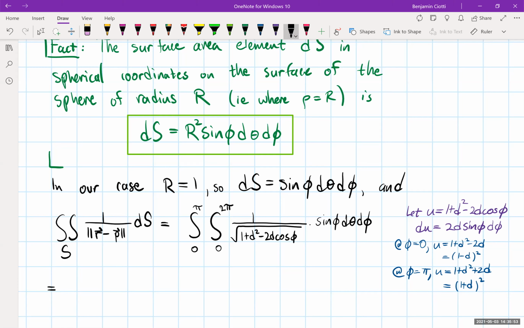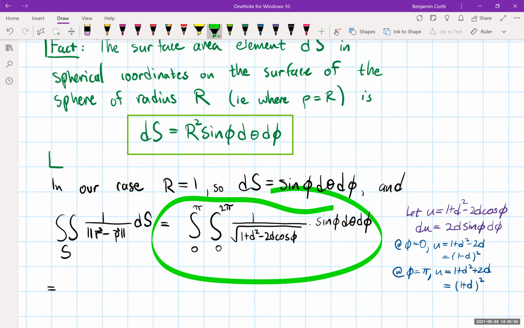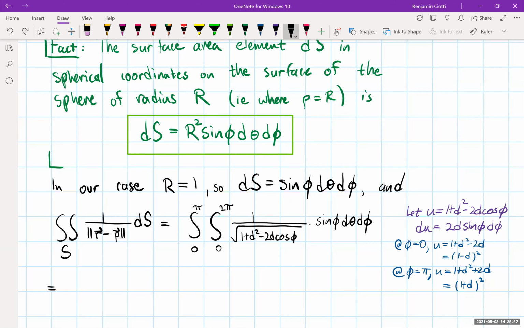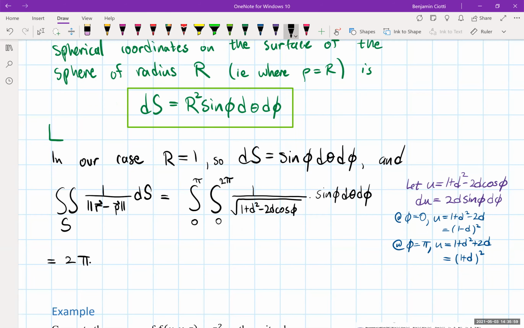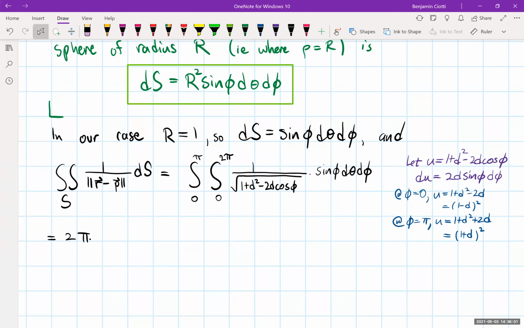Okay, so let's see. There's no theta dependence, so I can just put a 2 pi in front of everything. And after making the substitution, I'll have an integral of 1 over the square root u, and this becomes 1 over 2d du.